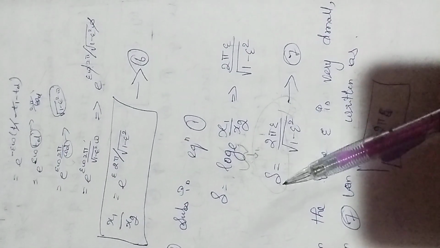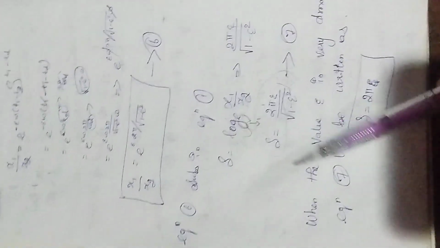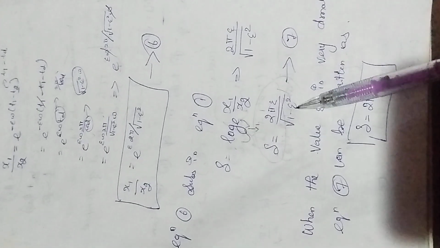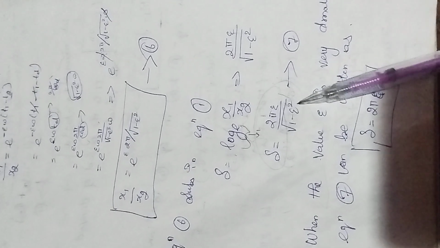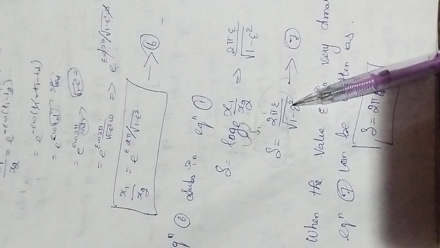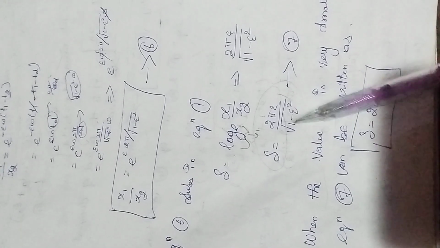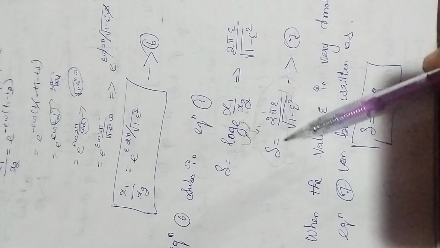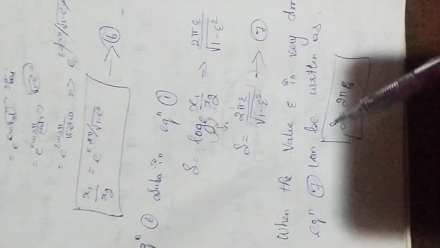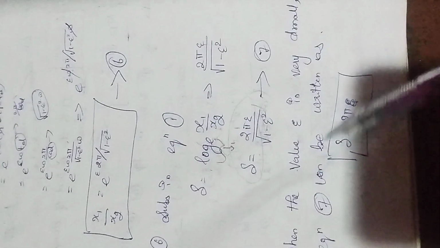Then zeta is equal to this. When the value of zeta is very small, we neglect this term. Otherwise it will be more complex, with an i minus j, so we neglect this one. So the value of zeta is this.